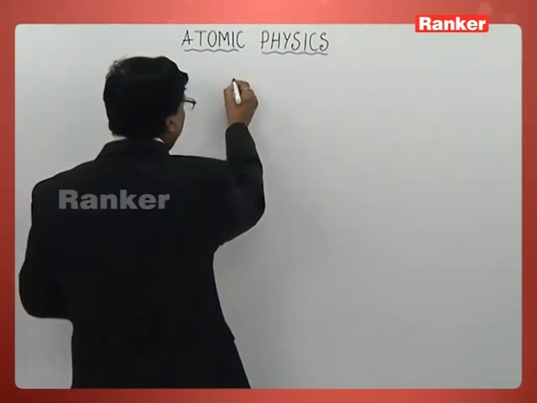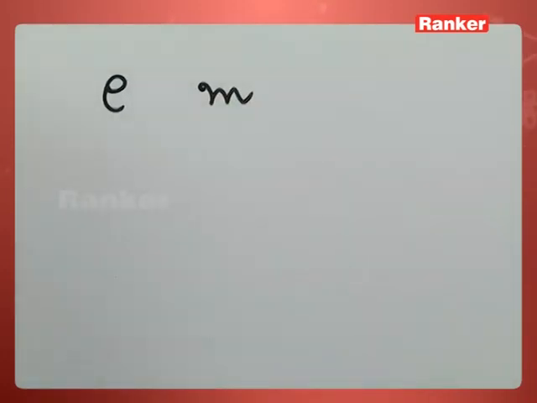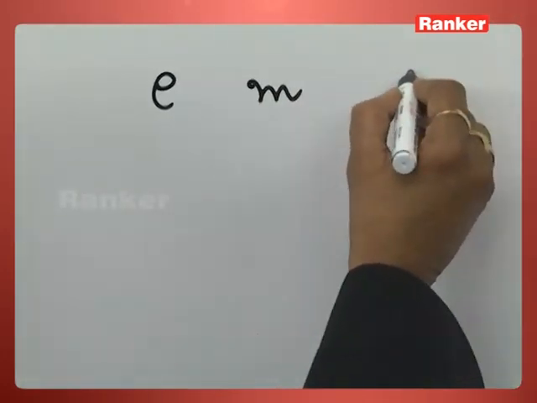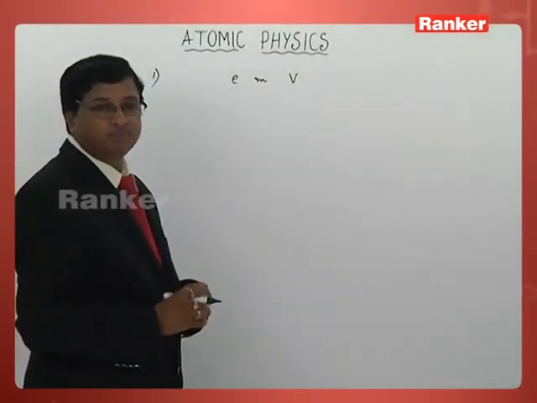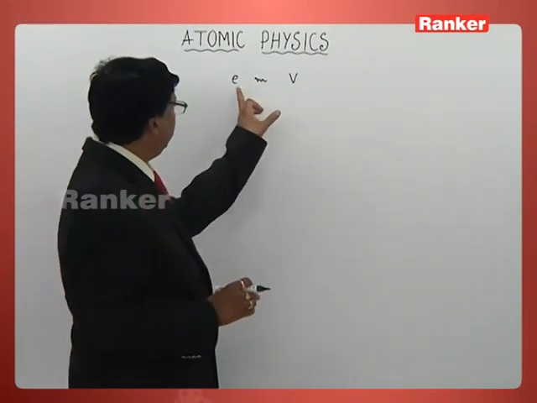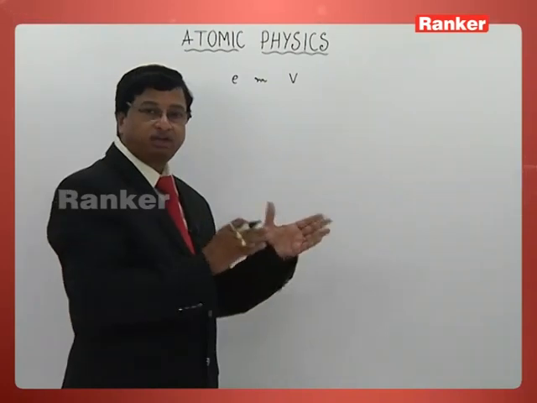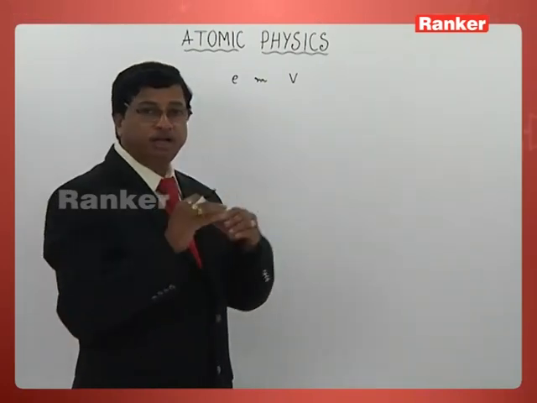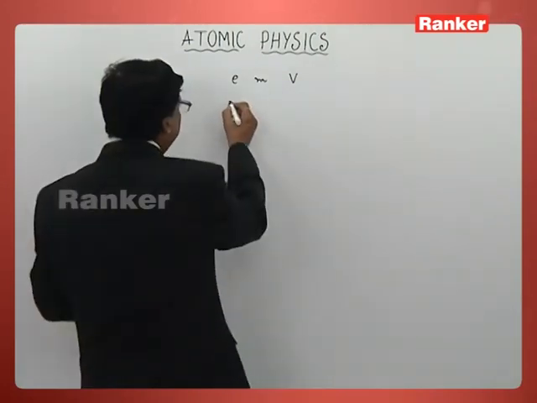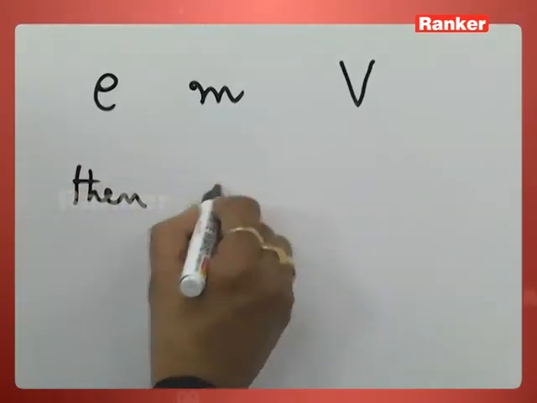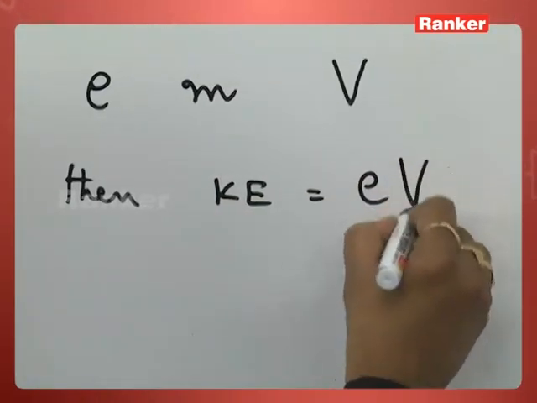Whenever an electron of charge e and mass m enters an external field having a potential difference capital V, observe this point carefully, then the kinetic energy acquired by the electron will be eV joule.